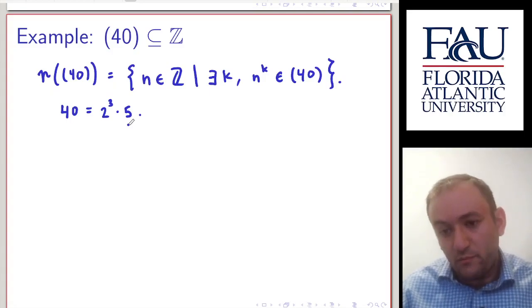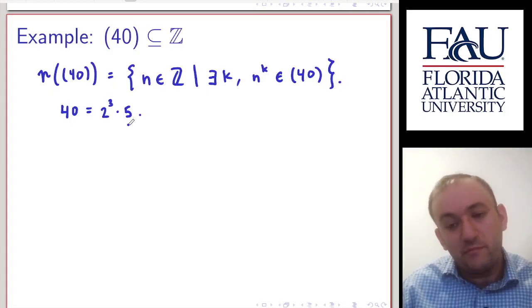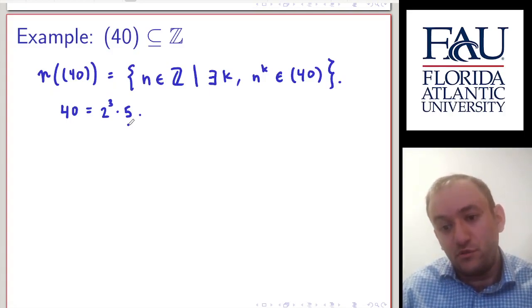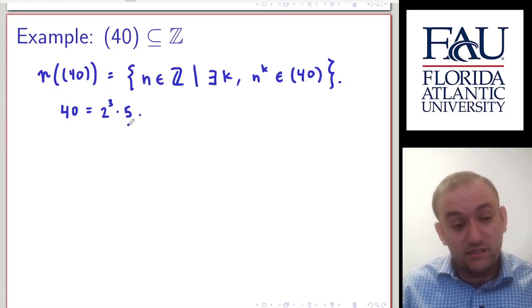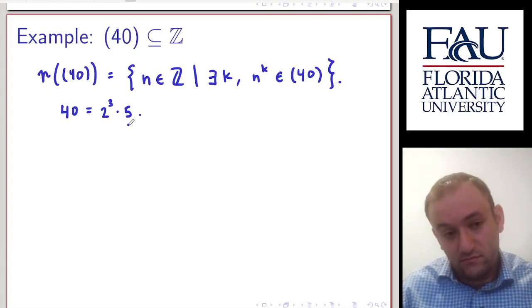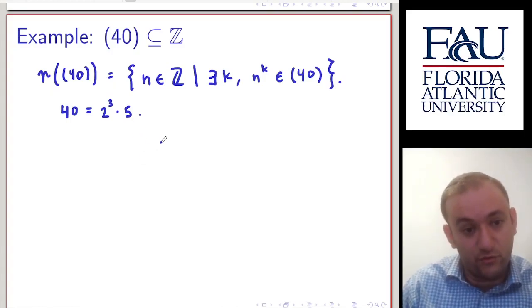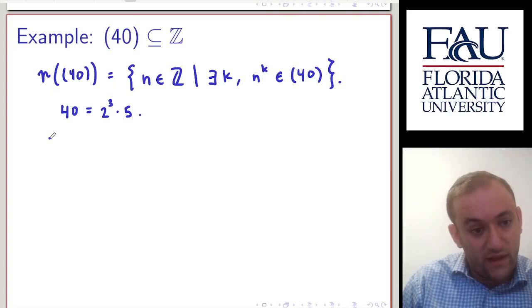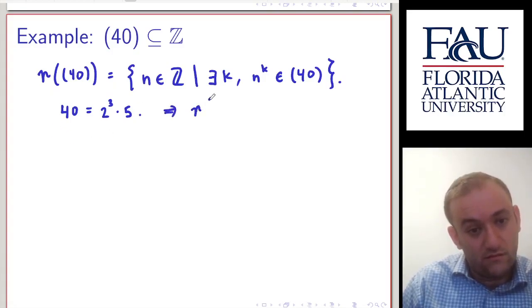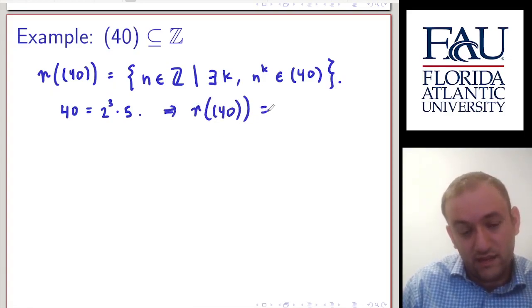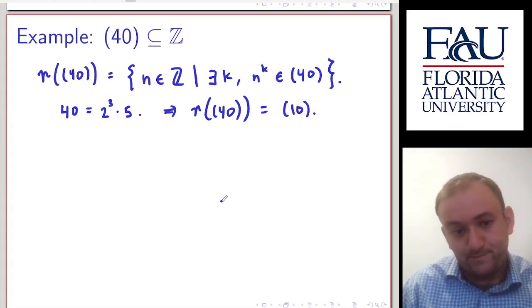So if I want to be a multiple of 40, I better have a prime factor of 2 and a prime factor of 5. As long as I have one of each, then certainly raising them to the third power, I'll end up in the ideal generated by 40. So this radical ideal should be the ideal generated by 10. Okay.